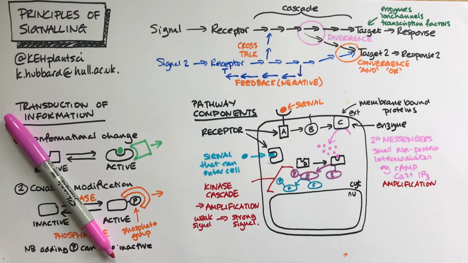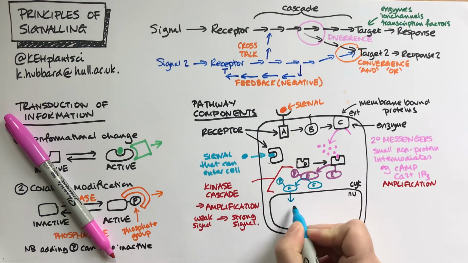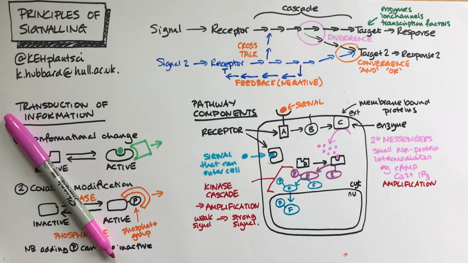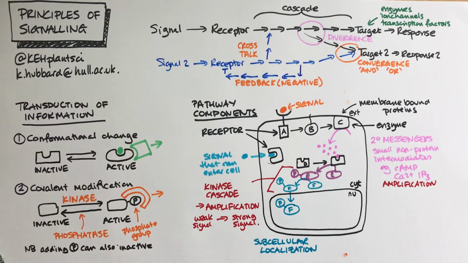Okay. So where are we going to? We might have protein F translocates into the nucleus, so we can have subcellular localization being important. Not in all pathways, but in some pathways where the protein location is important, so that's a step that happens.